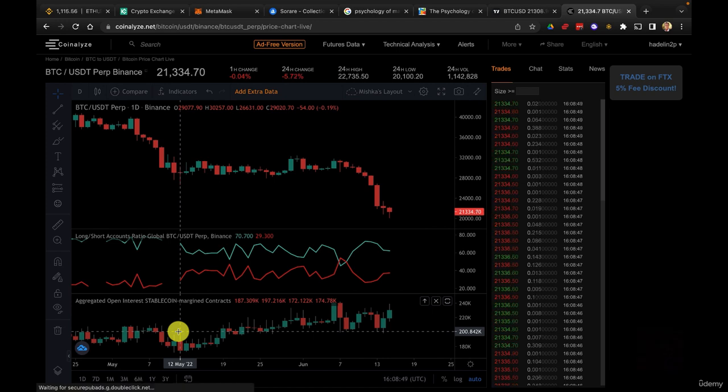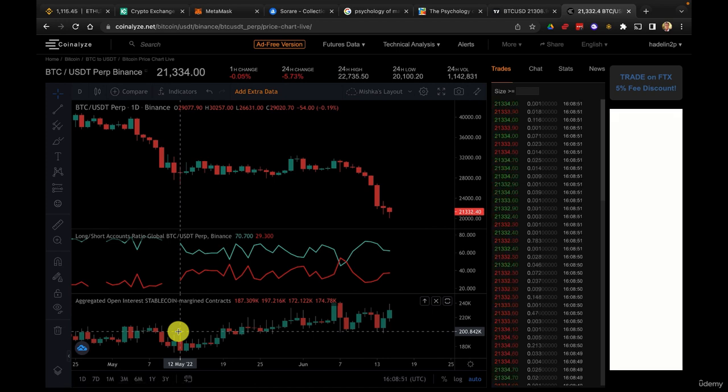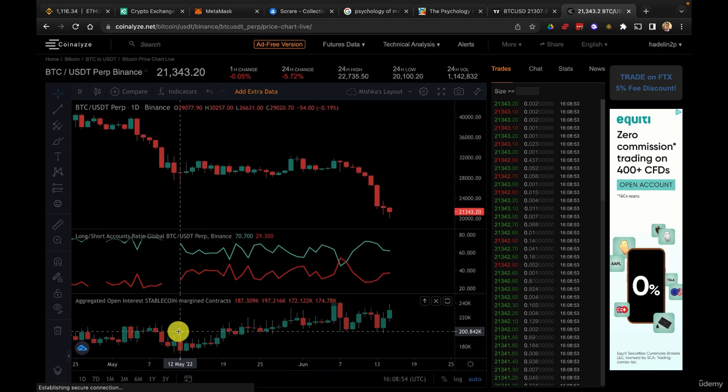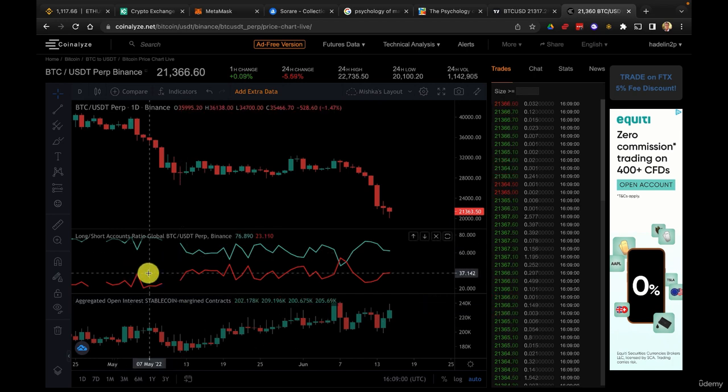These are very good elements which will tell us whether people have capitulated or not, because remember, the bottom of the cycle happens only after the capitulation. So let me explain. First, the long-short ratio tells us the ratio between long positions versus short positions.